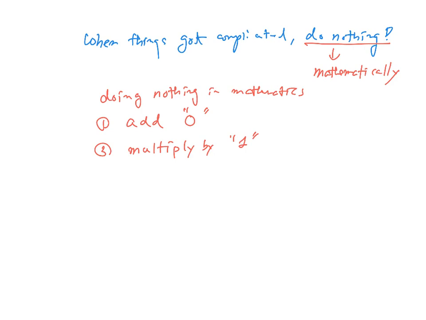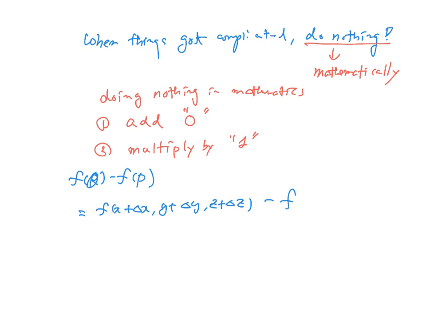So let's take a look at this function, f(Q) minus f(P), which was f(x plus delta x, y plus delta y, z plus delta z) minus f(x, y, z), and you don't know what to do. So let's apply the philosophy of doing nothing.